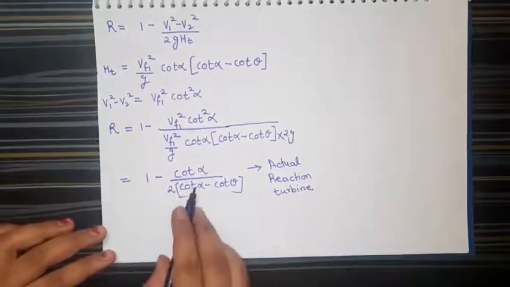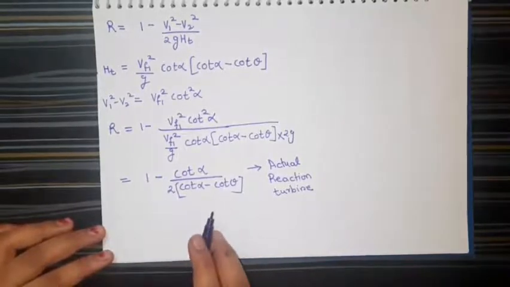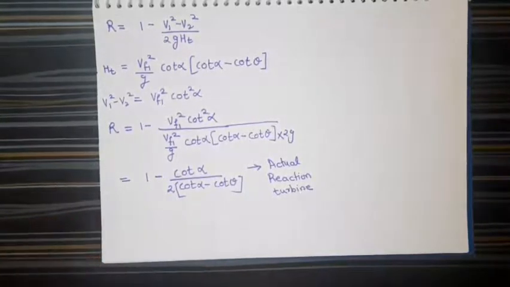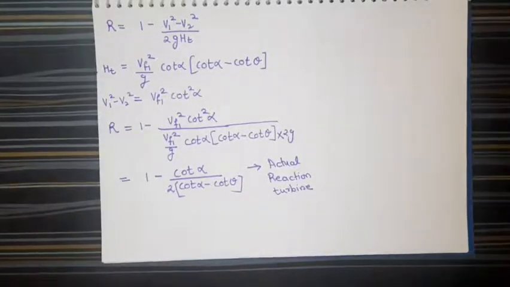So if we know the angles of the reaction turbine, we can find the degree of reaction. Let's again revise what degree of reaction is.